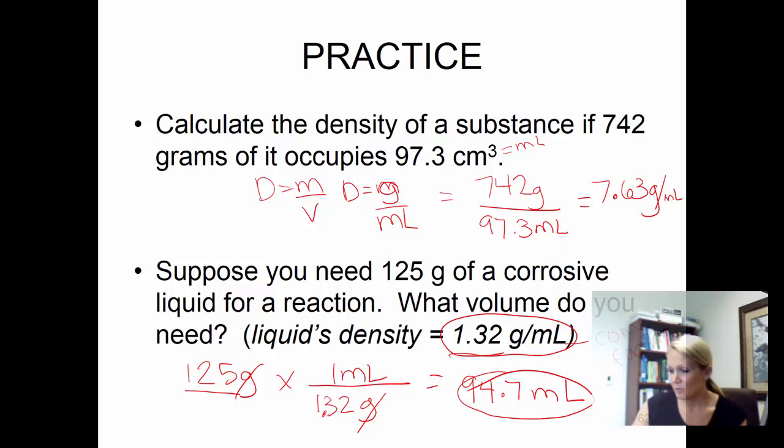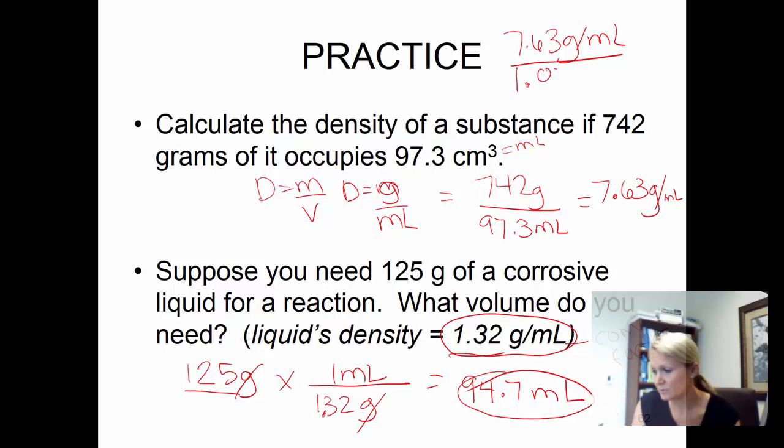I'm going to go back up here and look at this 7.63. That's the density. If I were to ask you what's the specific gravity of this substance, I would say, okay, I have my density, 7.63 grams per milliliter, and we'll say the problem tells us that the density of the water is 1.0, or 1.00.